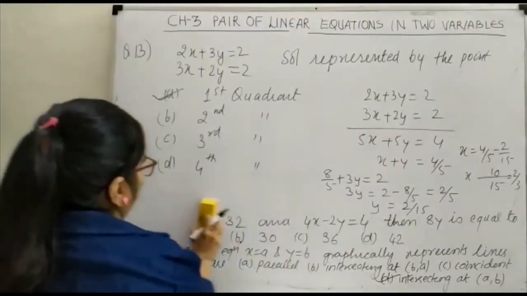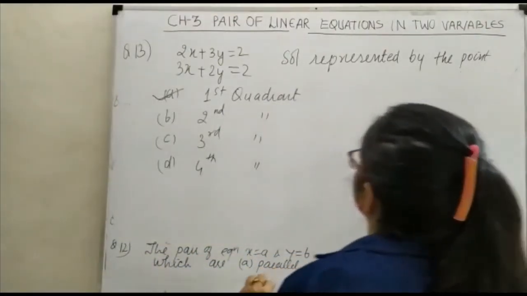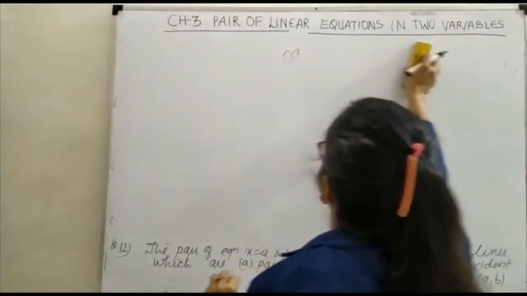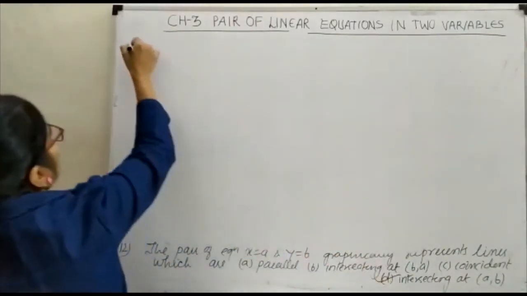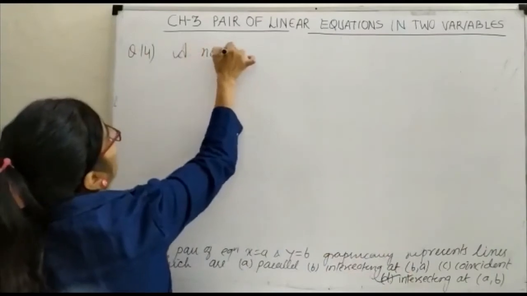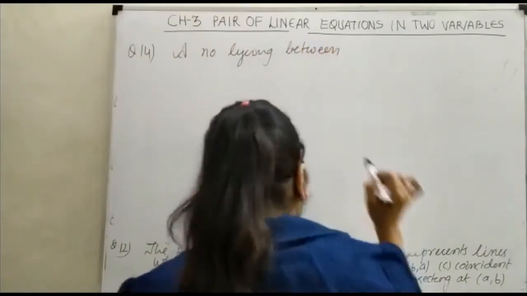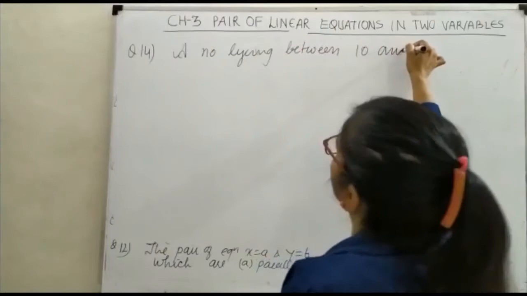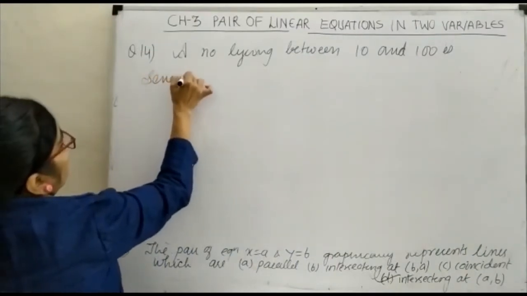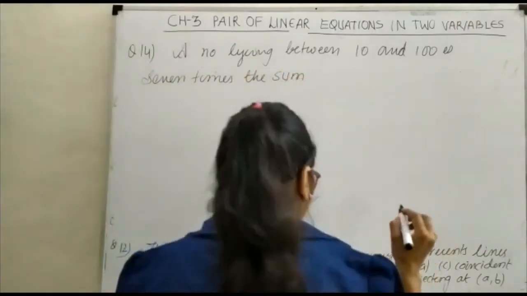Now moving on to question number 14. Your question number 14 is: a number lying between 10 and 100 is 7 times the sum of the digits.